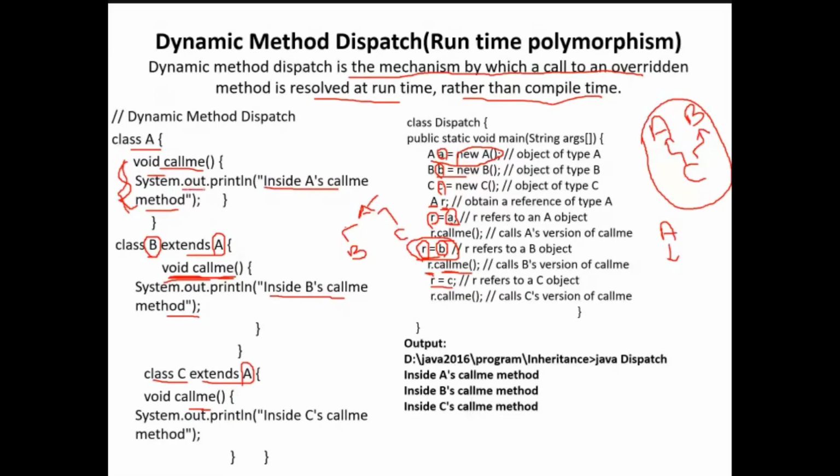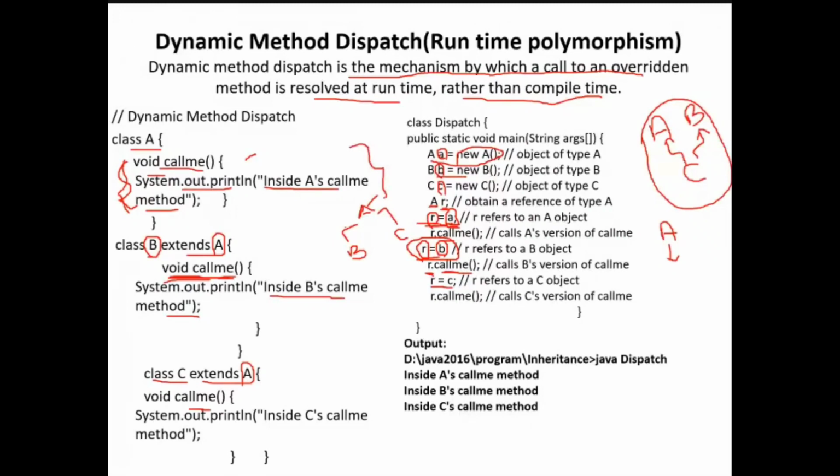Here you need not write a definition. You just write void call me and put open brace, close brace. It's enough. If this reference contains a base class object, at that time this method is invoked.